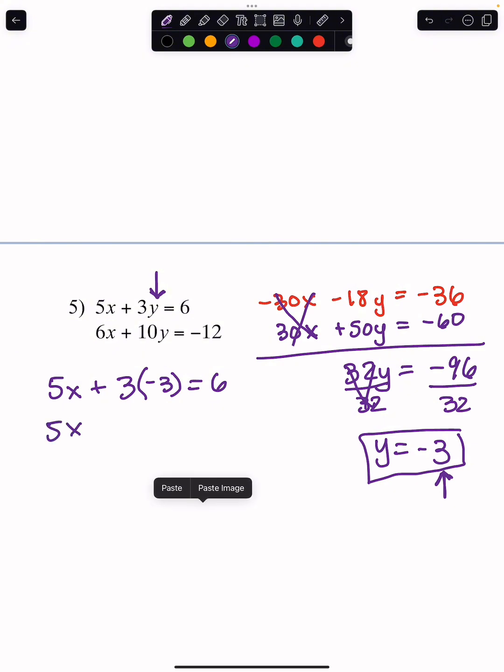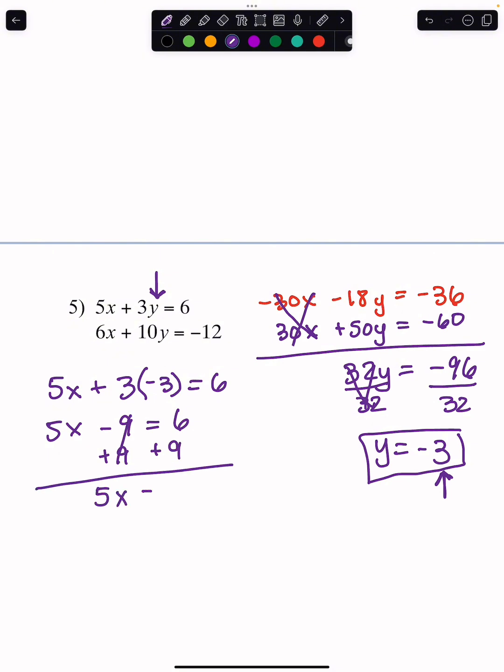Add 9 to both sides. 5x equals 15. Divide both sides by 5. X equals 3. So my answer to this one is x is +3, y is -3.